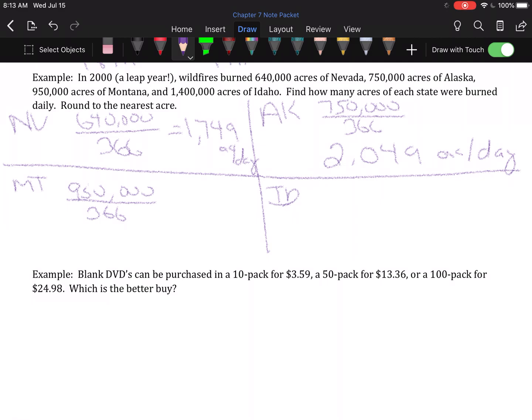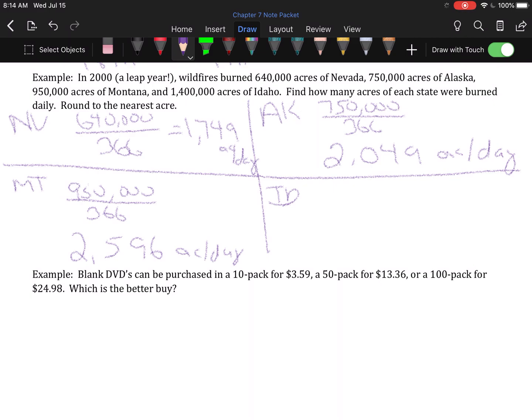So 950,000 divided by 366. I get 2595.6 because the first decimal place is 6, which is above 5. I'm going to round up. So I'm going to call this 2,596 acres per day.